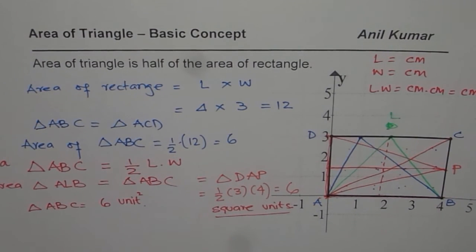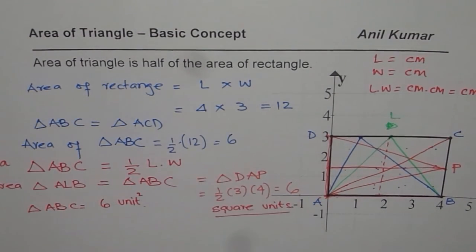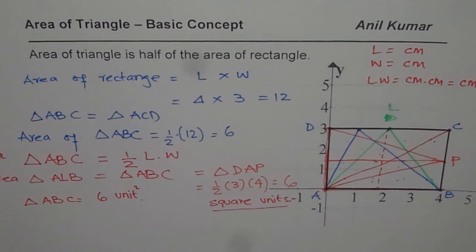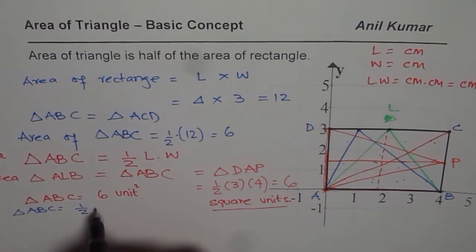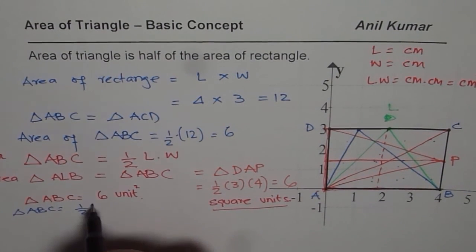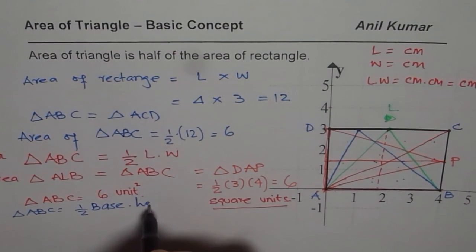I hope in this video you understand that you can find the area of a triangle by first finding the area of a rectangle and then taking half of it. That gives you a formula, half length into width. Now in triangles we use the other terms. In a triangle we say the area of triangle ABC will be half. We call this length the base and that width the height, right?